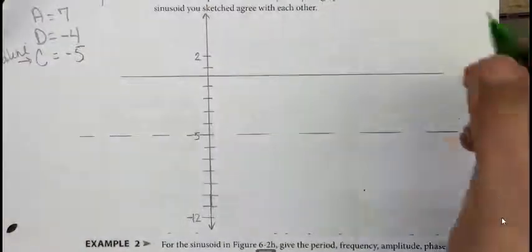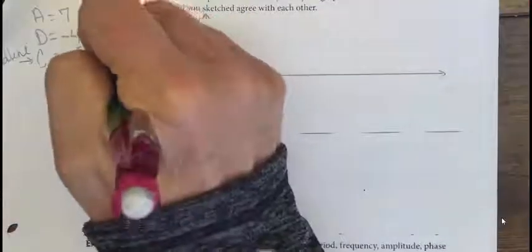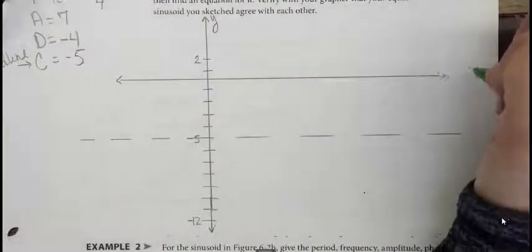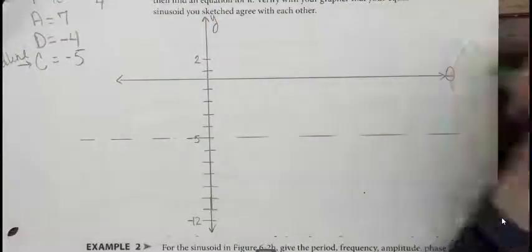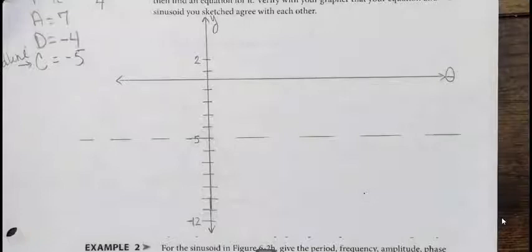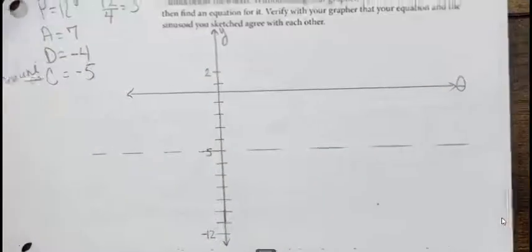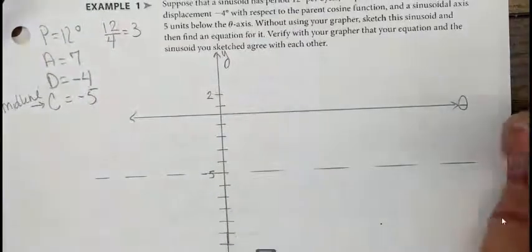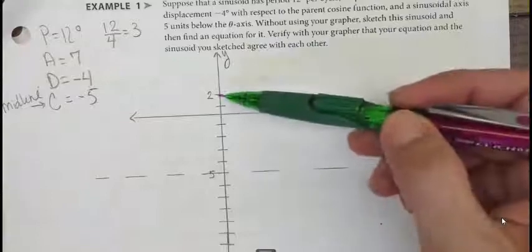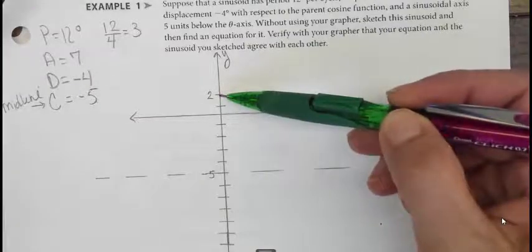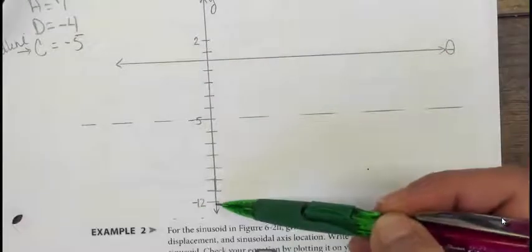I'm going to label my axes because I haven't done that. So this will be my y-axis. And then when we use degrees, we use theta. So my theta axis. Okay, so I know my high points are going to be at an output of 2. My lowest points are going to be at an output of -12.